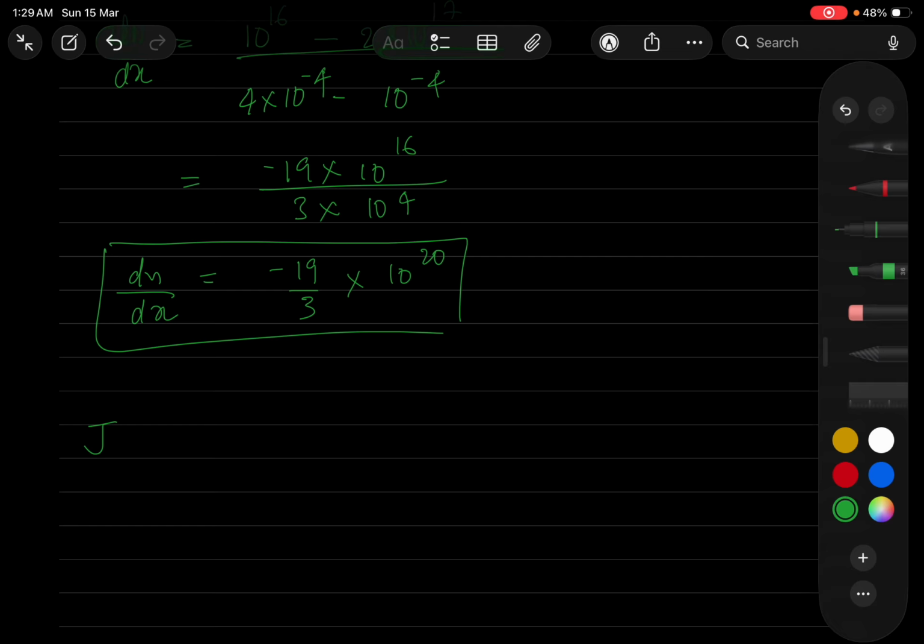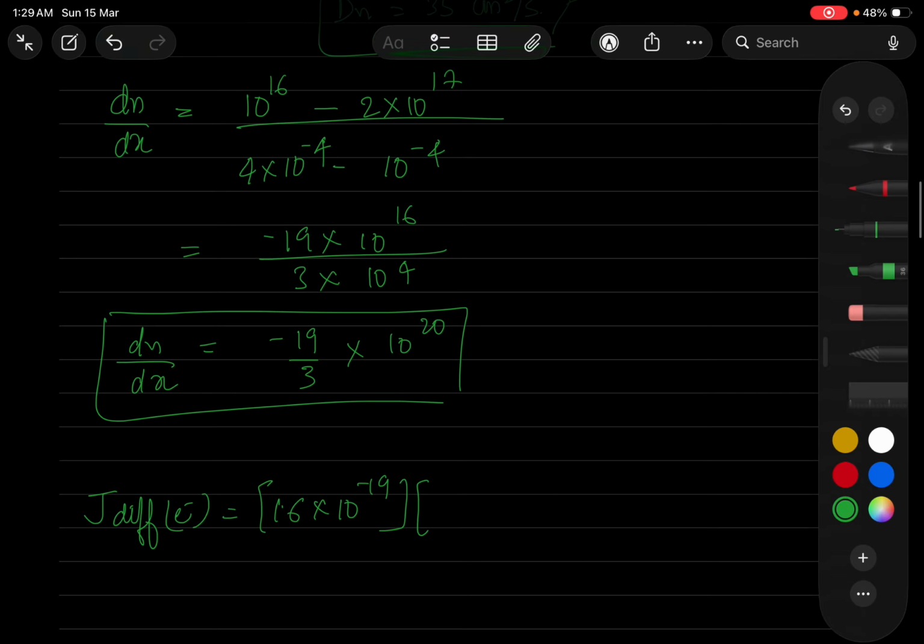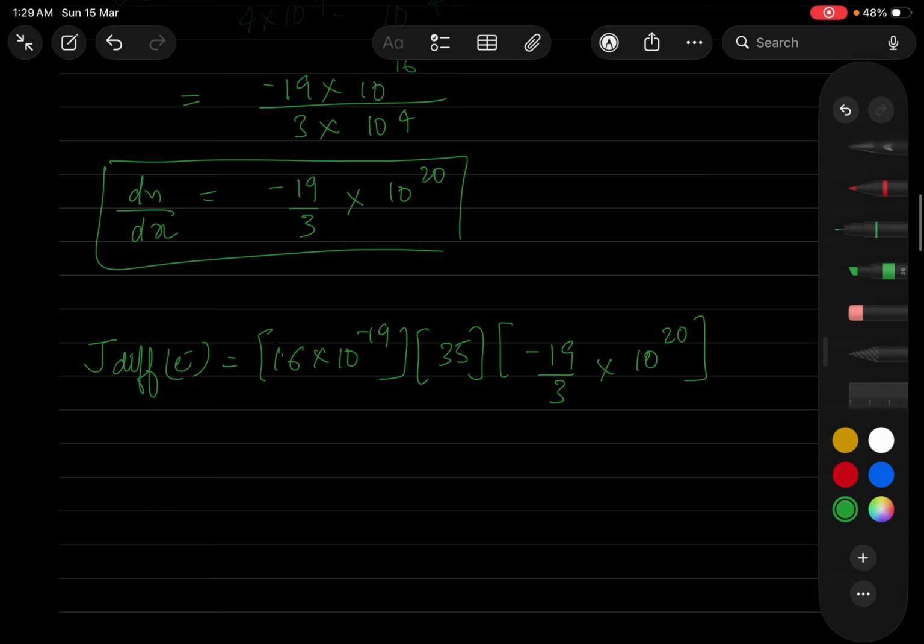So the value of diffusion current density of electrons, J diffusion electrons, equals Q, that is 1.6 into 10 raised to the power minus 19, multiplied by capital Dn, which is 35, multiplied by negative 19 by 3 into 10 raised to the power 20.